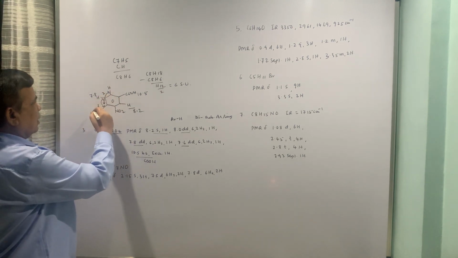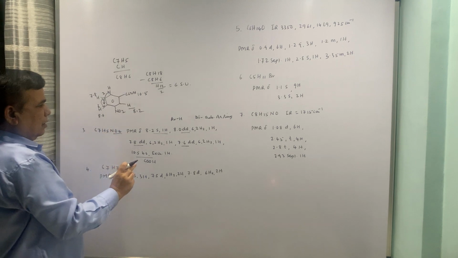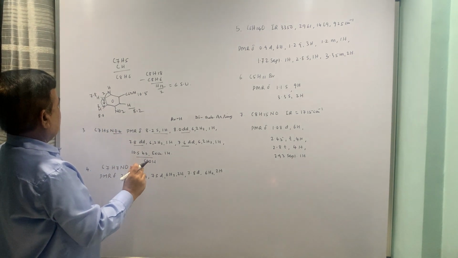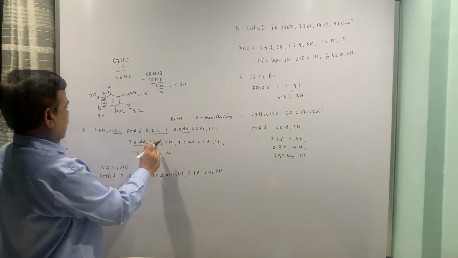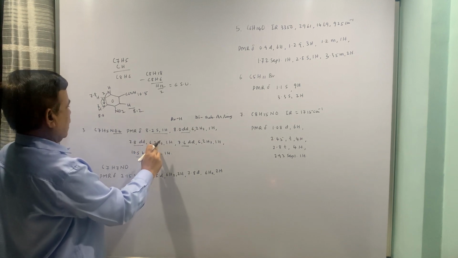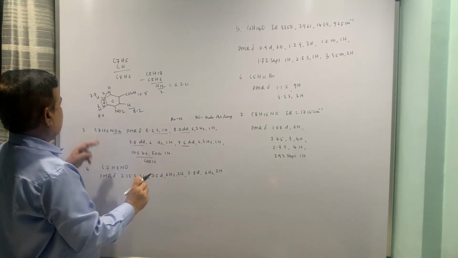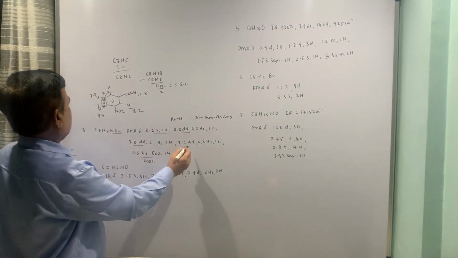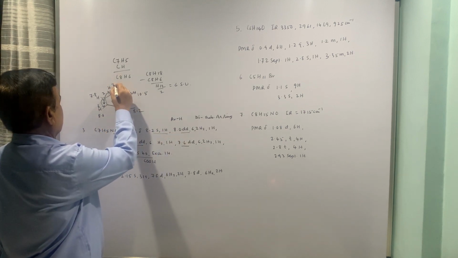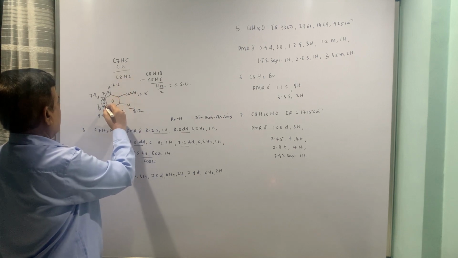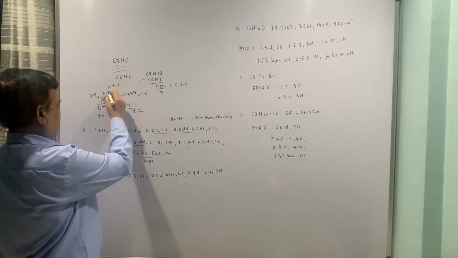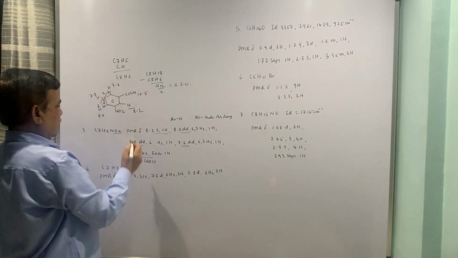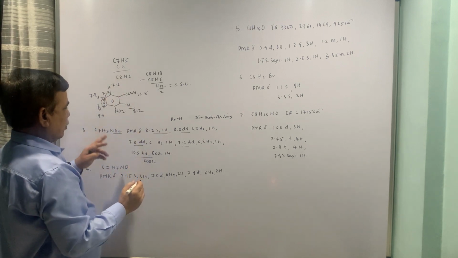Similarly for this doublet of a doublet, 7.8, it should be 6 only, not 2. And then 7.6 is this one. Once again we have got 6 and 2 because this ortho coupling is 6, meta is 2 for that proton.